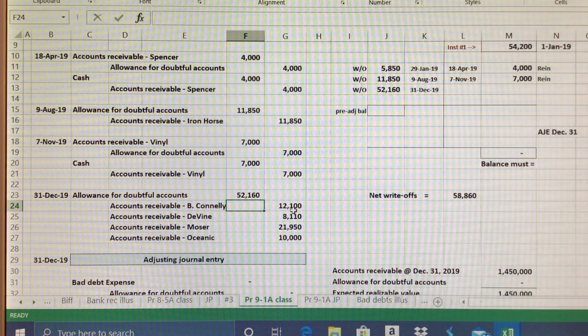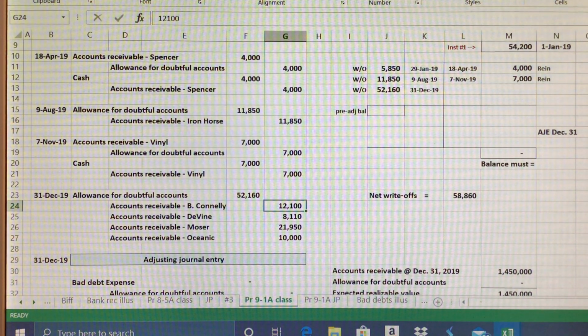Okay, so the total of the write-offs, let's make sure I put in the right numbers, 12,100, 8,110, 21,950. Okay, that looks good. The total of those write-offs is 52,160.